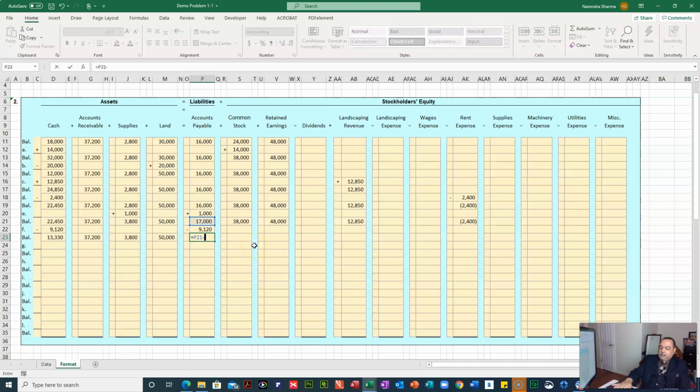So 17,000 minus 9,120 will be 7,880. No change in your common stock, no change in your retained earnings, no change in your landscaping revenue, and no change in your rent expense. So that is how we'll handle that.